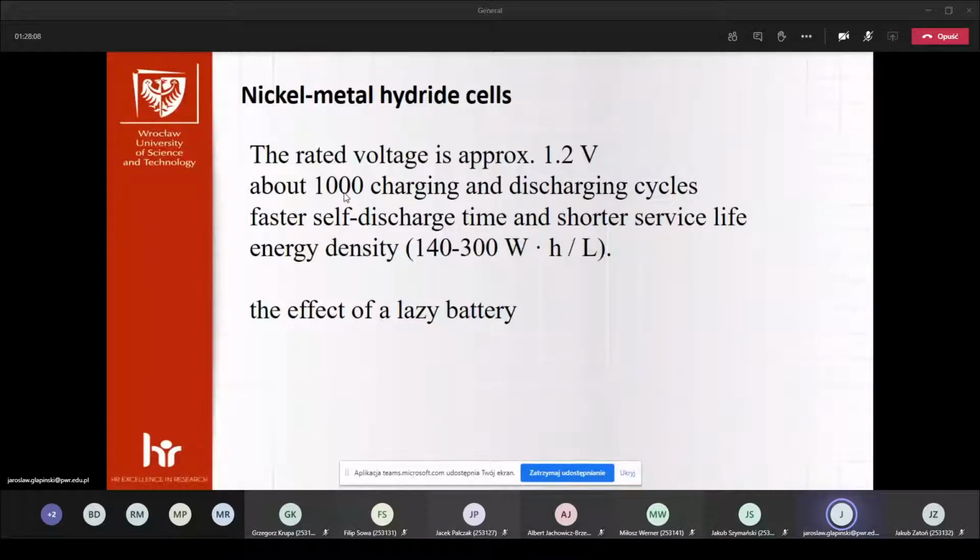They have a fast self-discharge and shorter service life. And we can store higher energy: in the nickel-cadmium it was 50 to 150, here we've got 140 to 300 watt-hours per liter of the battery.